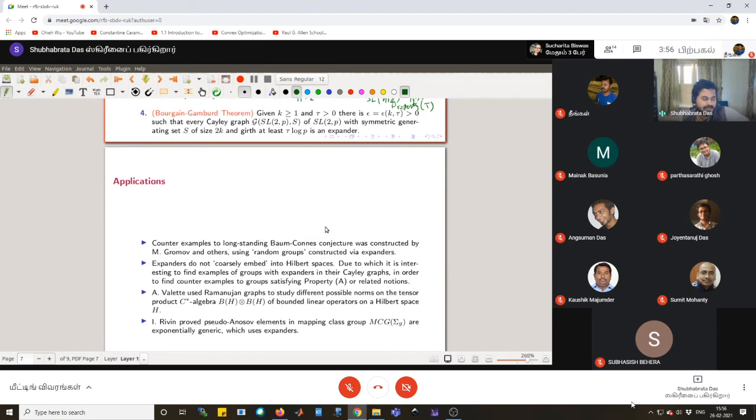There I found that the counterexamples that exist all use expander graphs in order to construct them, in the sense that they construct Cayley graphs so that larger and larger graphs are embedded inside the Cayley graph.